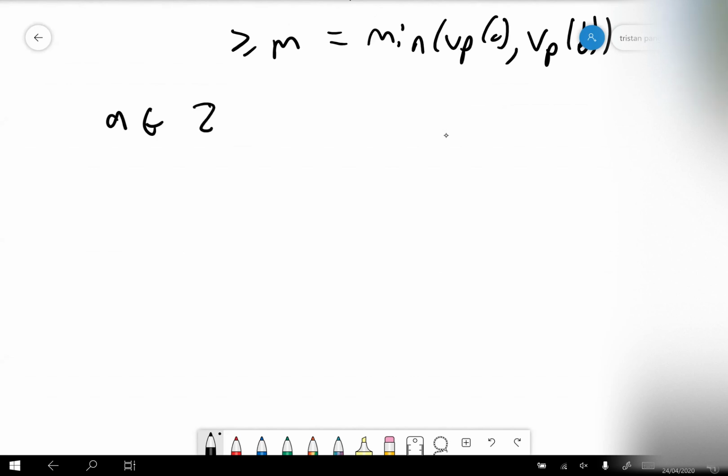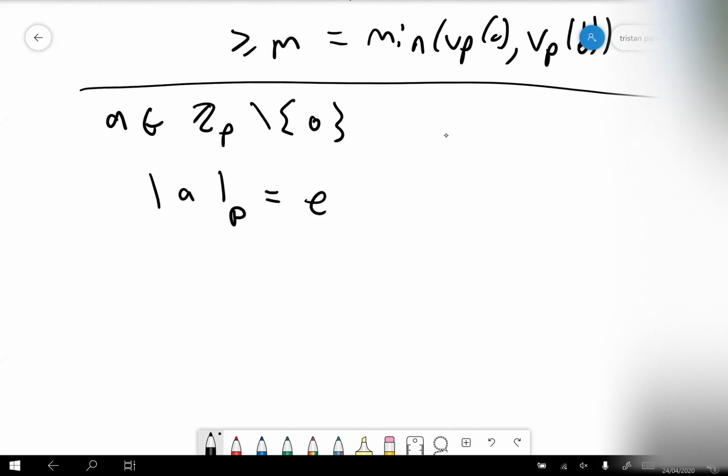Let a be in the p-adic integers, excluding 0. Then we define the p-adic norm of a as e to the minus valuation of a. And the norm of 0, we just define to be 0.